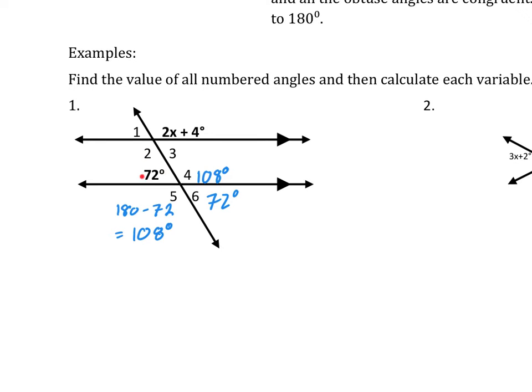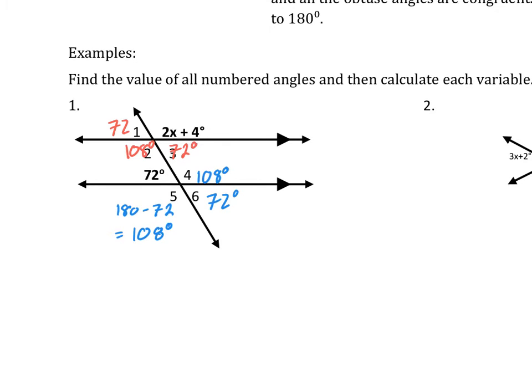Or you could note 72 and angle 1 are corresponding. They're in the same position of the 4 angles. So angle 1 has to also be 72 degrees. And angle 2 is supplementary to angle 1, which means it has to be 108. Angle 3 is vertical to angle 1, so that means that has to be 72.